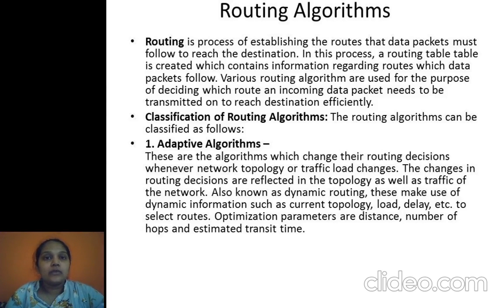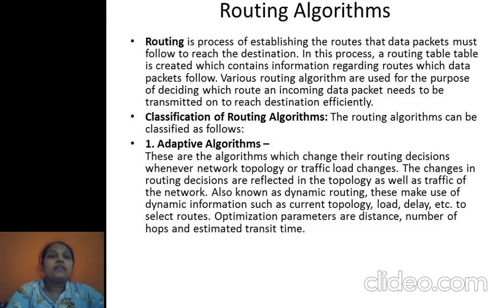How much time is required, how long the data we send, the distance that data should travel, and the number of hops to be calculated. These parameters are also considered. This is the overview of the adaptive algorithm.